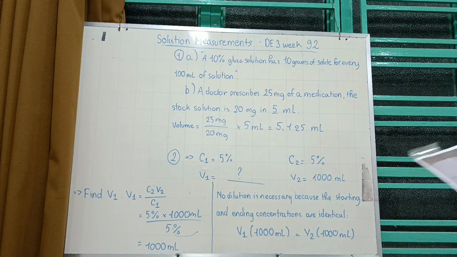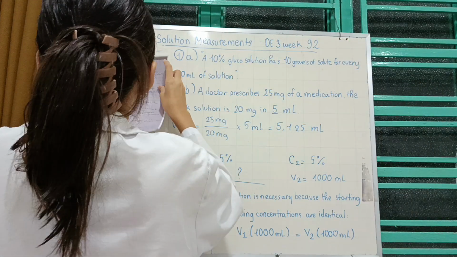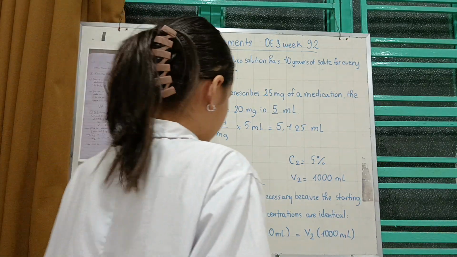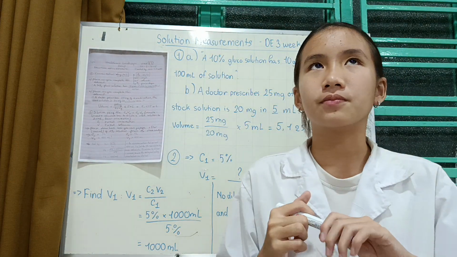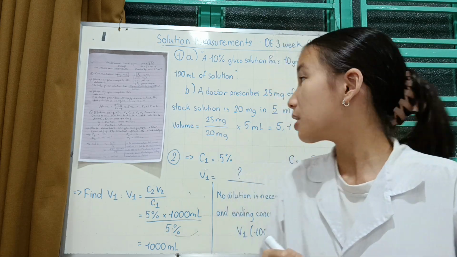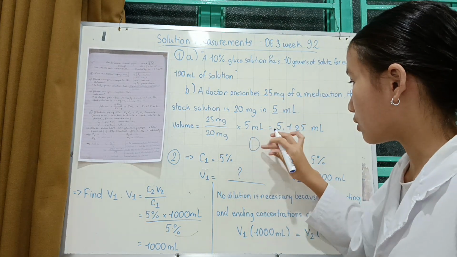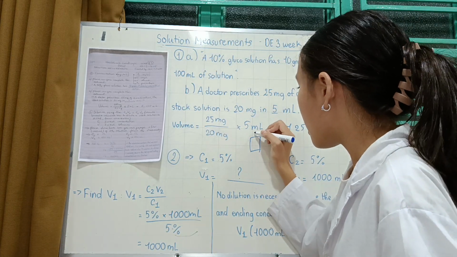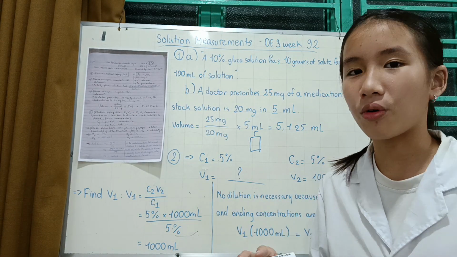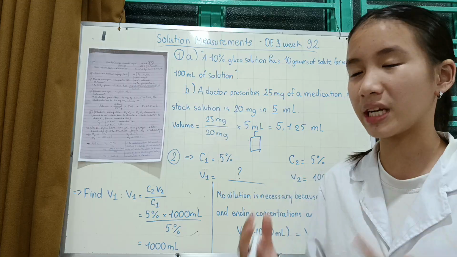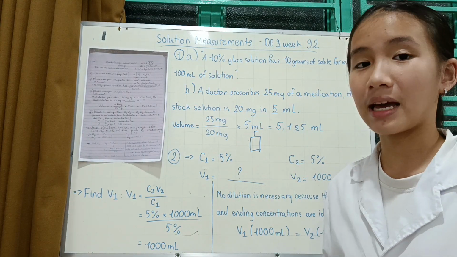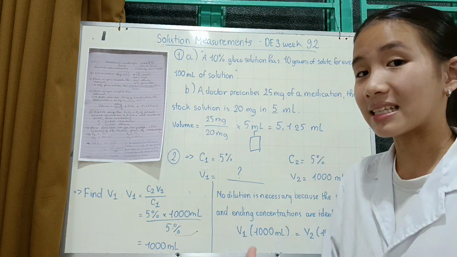Now, if you're asking what is the stock solution, think about it this way. You have a cup or a bottle of orange juice that is too sour, so it's not ready to drink yet. We need some more solute, which in this case is water, to make it less sour.